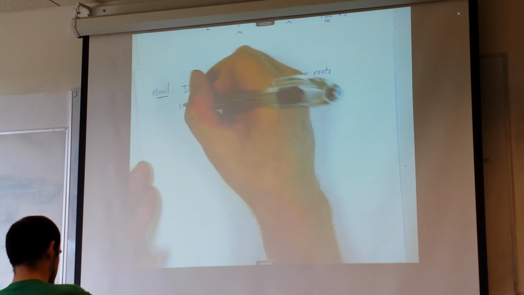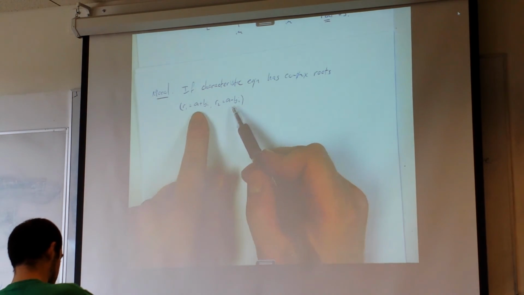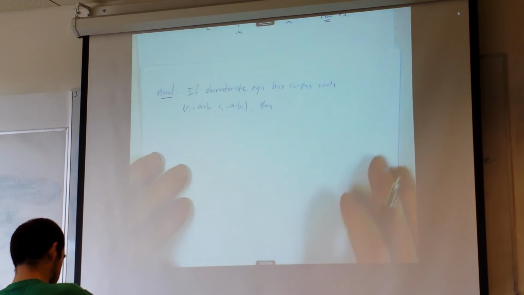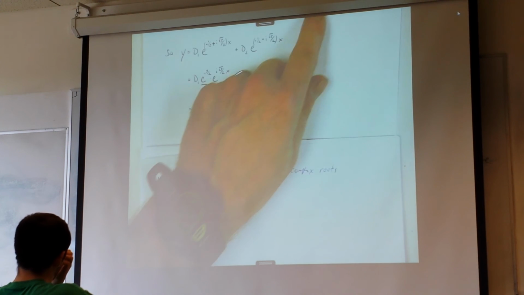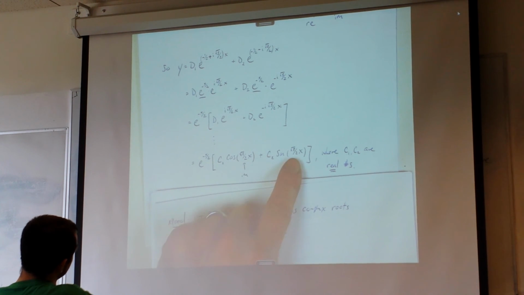Non-repeated, we're not going to consider the case where they're repeated complex roots. That's beyond what I wanted to talk about. Okay? If they are distinct but purely complex, then the form of the solution, you'll notice that the real part of the solution, the negative 1/2, became the power up here, negative 1/2 x. And the imaginary part becomes the argument inside the cosine and sine.